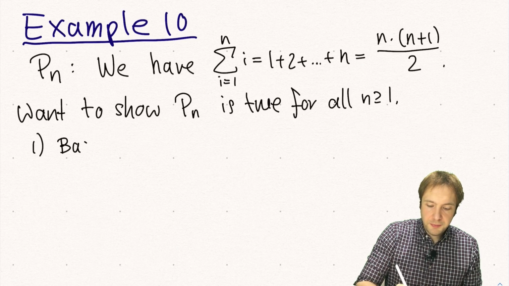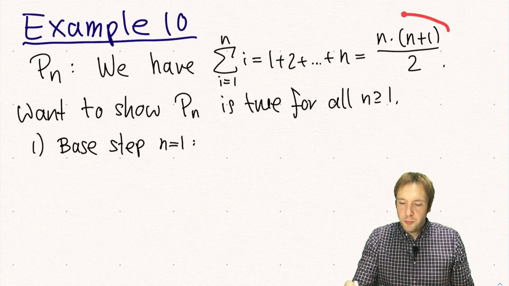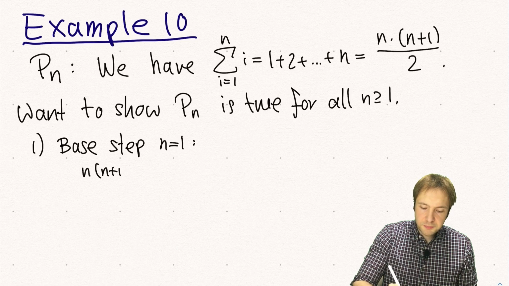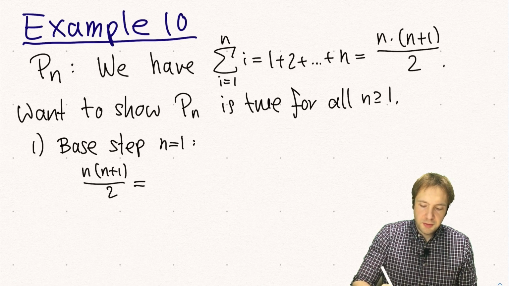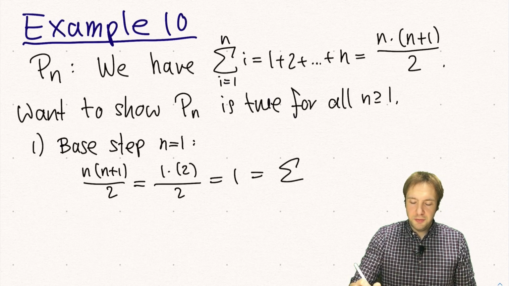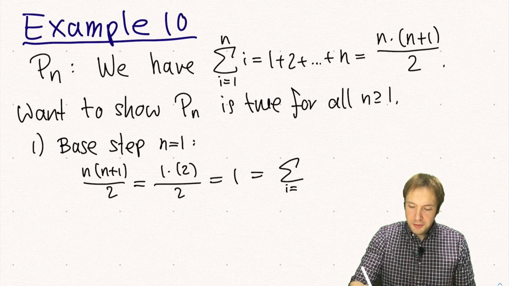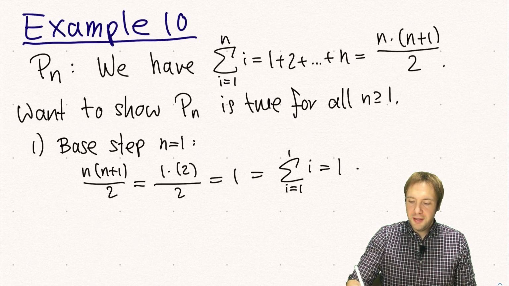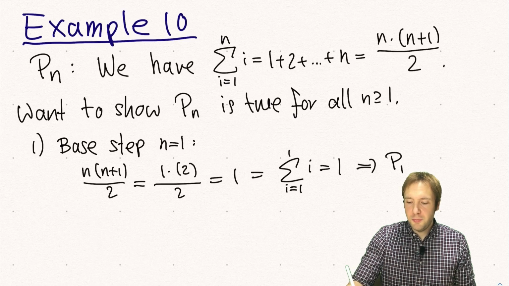So the base step. So the case n equals 1. Well, what is this when n is equal to 1? So in this case, this is just 1 times 2 divided by 2. So this is just 1. But 1 is also the sum of the first number, 1. So this is just 1. And therefore, the statement P1 is true.